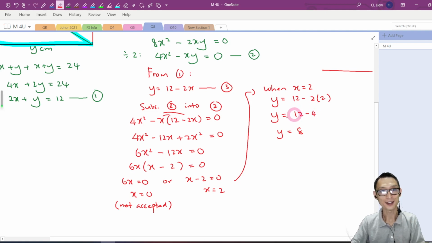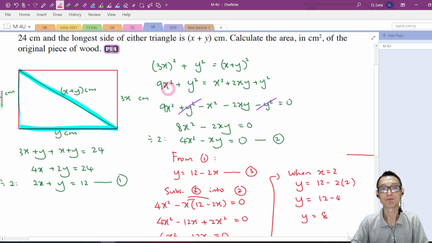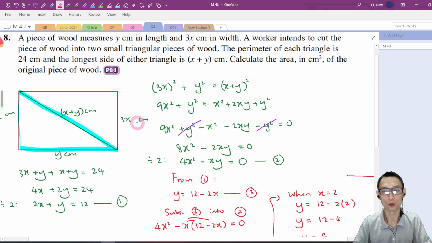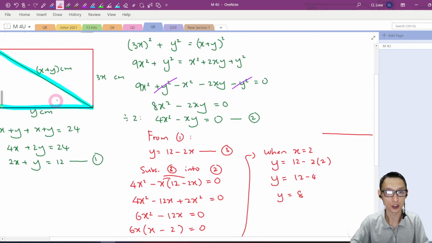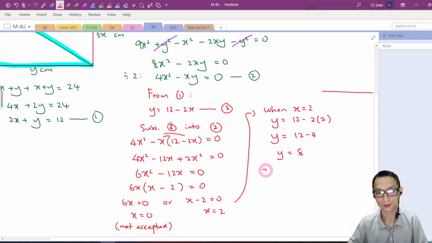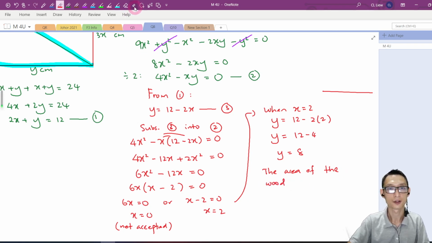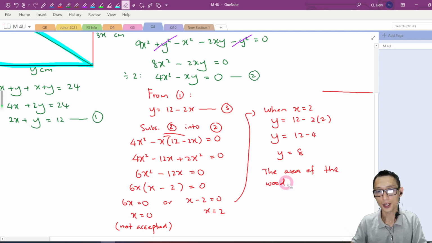So we cannot stop here yet because the question is asking for the area of this piece of wood. So I'm going to bring the x and y into here, and then we multiply this width and the length together, then we will be able to get the area of this piece of wood. The area of the original.